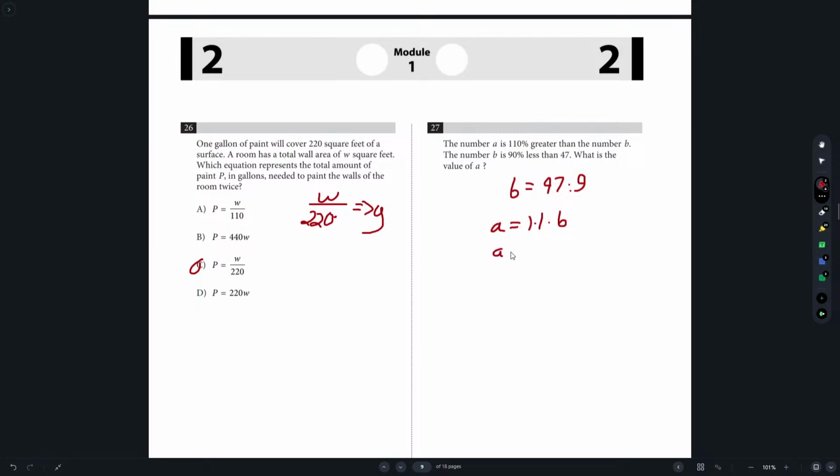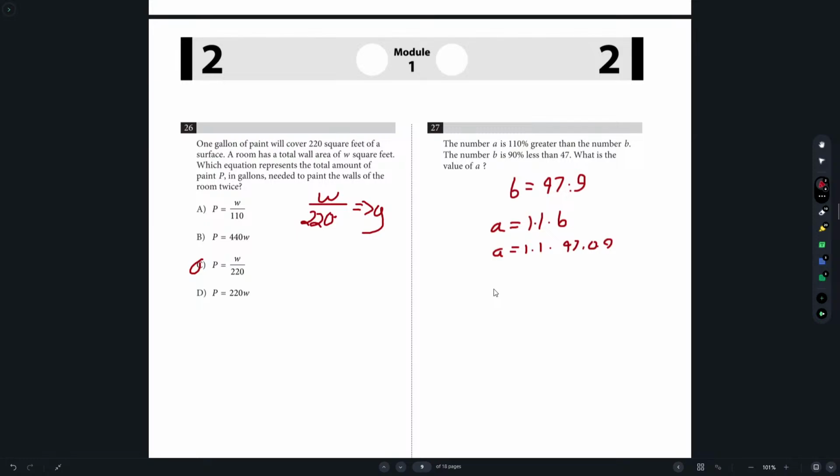So then we have A is equal to 1.1 times 47 times 0.9. Doing that on a calculator, 1.1 times 47 times 0.9 is 46.53. Does that make sense for A?